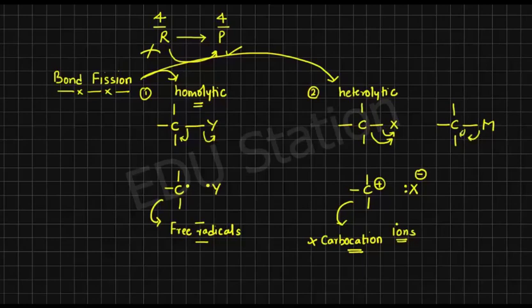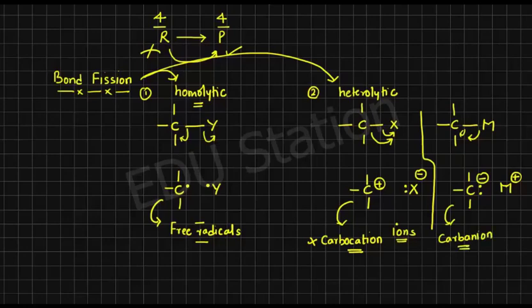In this case, carbon will gain one electron and become negative, and M will lose an electron and become positive. This negative on carbon is called carbanion.